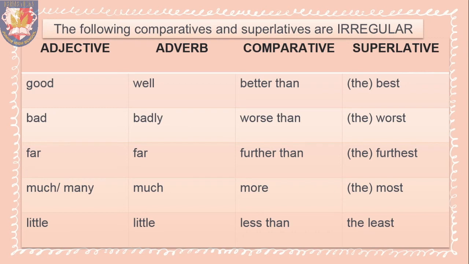While far becomes further than and the furthest. Much or many, the adverb is still much, while the comparative is more and the superlative is most. Little becomes less than and the superlative is the least, as you can see on your screen.